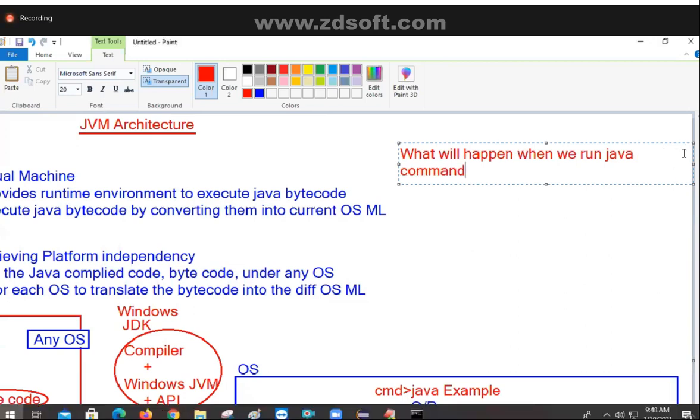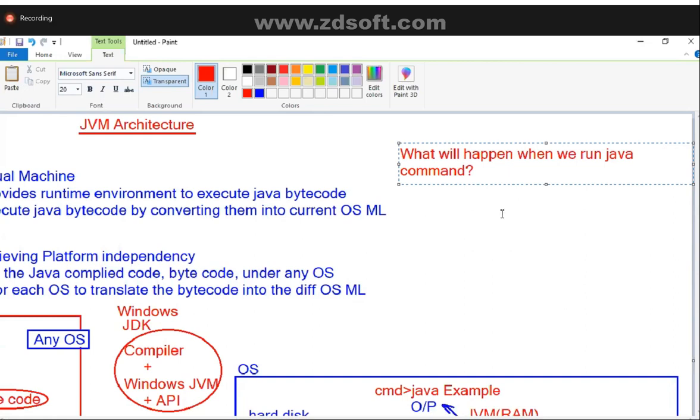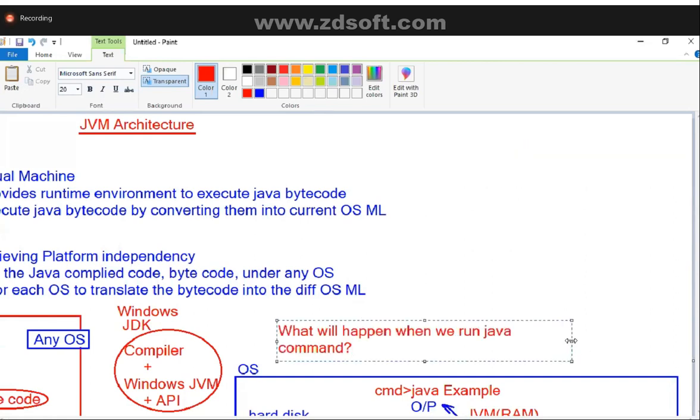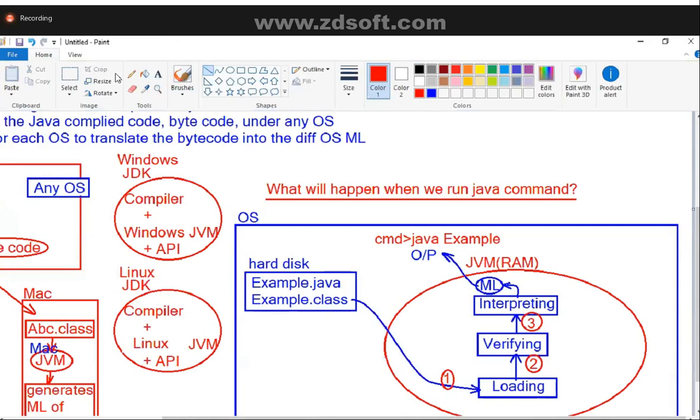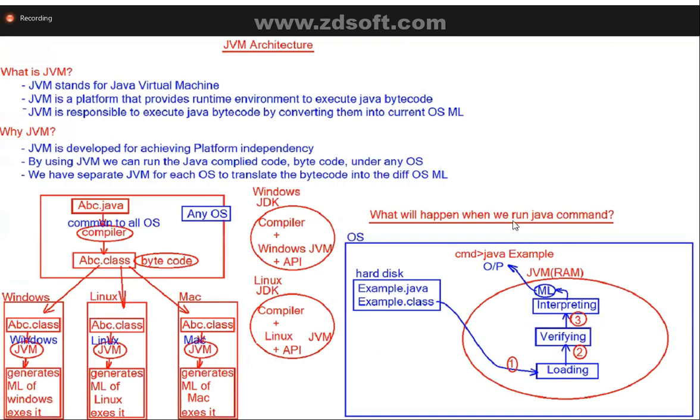What happens when you run the Java command? A Java program is executed in 3 phases, right? All the 3 phases I have explained here. Then you must know about the notes part, right? Okay. This is the basic idea about JVM.